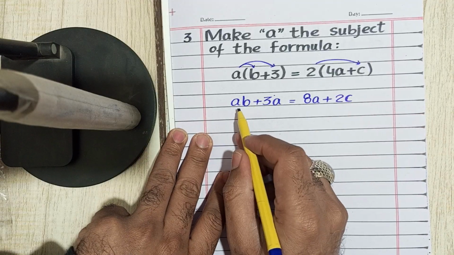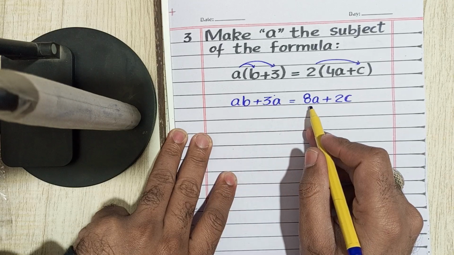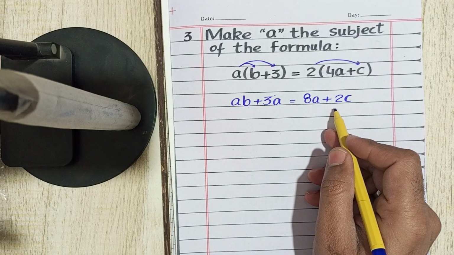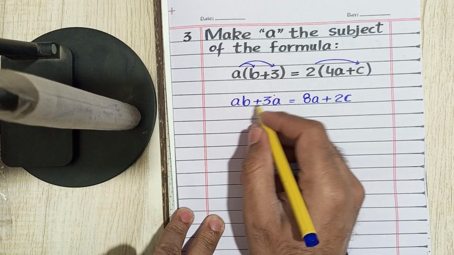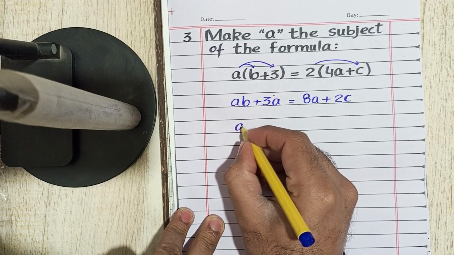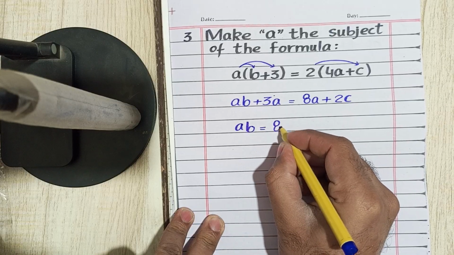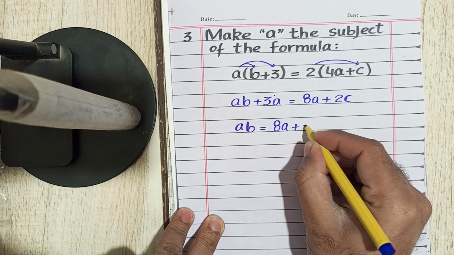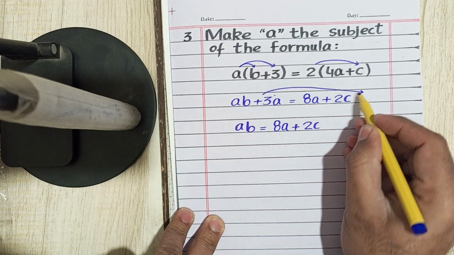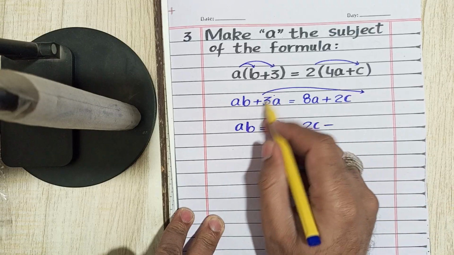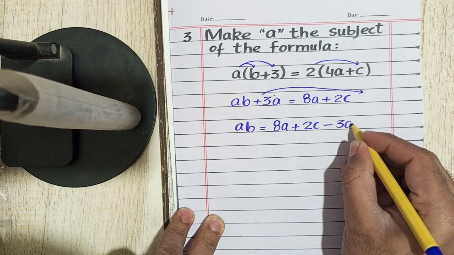Now here we have ab and 3a equal to 8a plus 2c. Now we take away this 3a to the other side, so here we have plus 3a, now we write minus 3a.